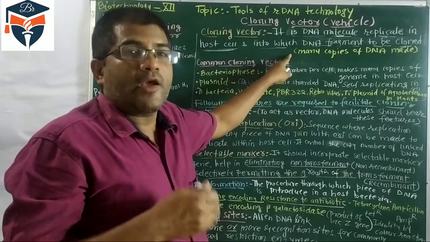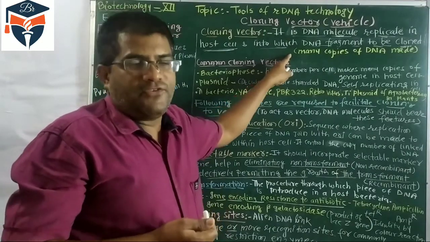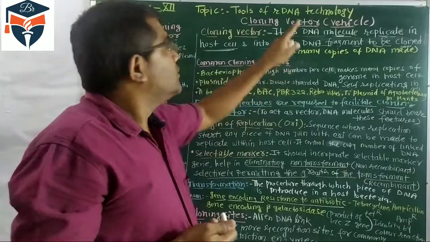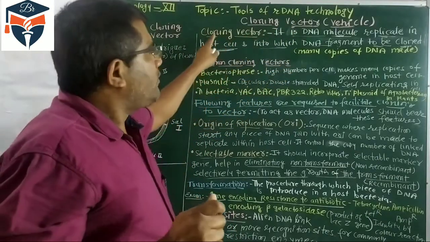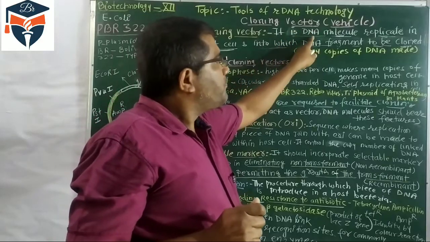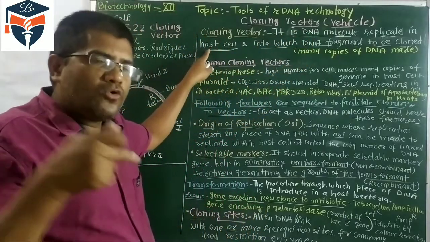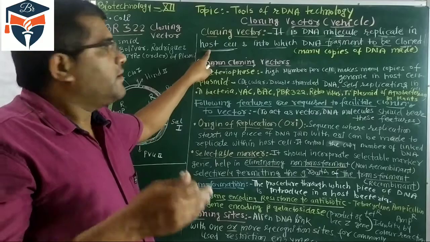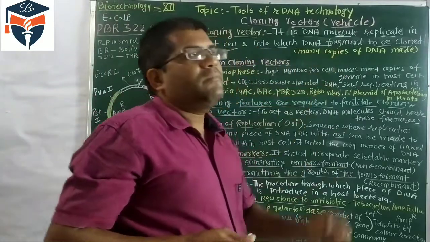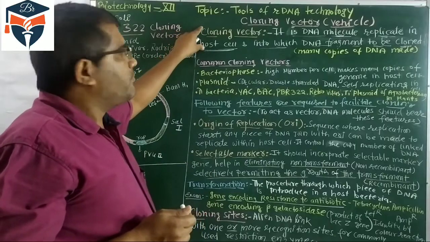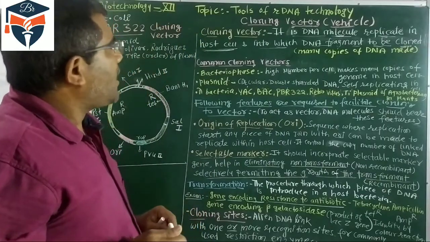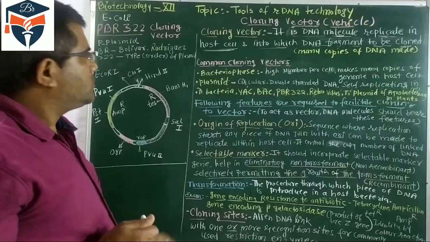Whatever number of copies of the foreign DNA are required, that number of copies are made. Again, a cloning vector is a DNA molecule which replicates in the host cell and makes many copies of DNA inside the host. This is called the cloning vector.